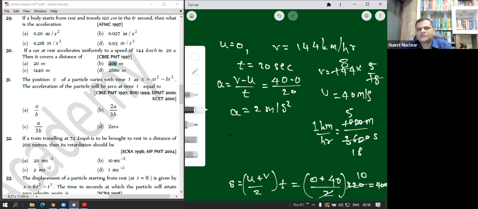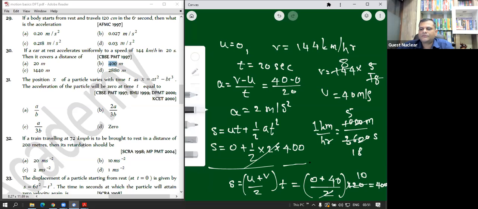And once we get the acceleration, we can use the second kinematic equation here, that is x equal to ut plus half a t square, where u is going to be 0 again, and half into a, which is 2 here, multiplied by t square. T is here 20, right? So 20 का square क्या बनता है 400. Just these 2 get cancelled, and we are left with 400 as the final answer. So again we get the same answer 400 by using this method also.